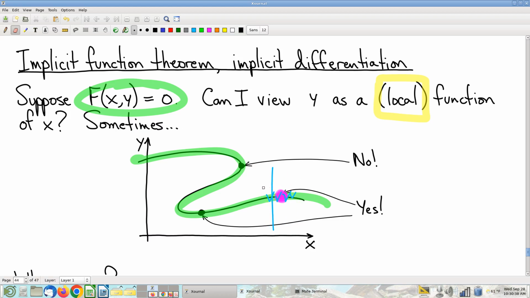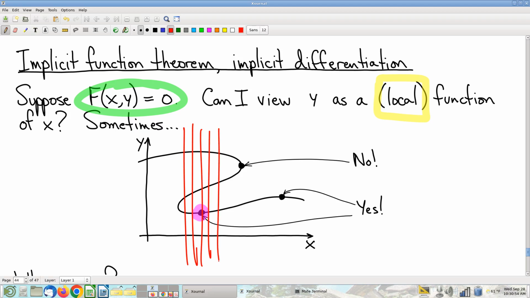Okay. All right, what about this point? Now, a lot of people will mistakenly say no here because they think, okay, well, look at vertical lines, and vertical lines, we've got a problem, and no matter how small we restrict our attention, don't we have multiple hits from these vertical lines? Right? So it's tempting to say y is not a function of x.